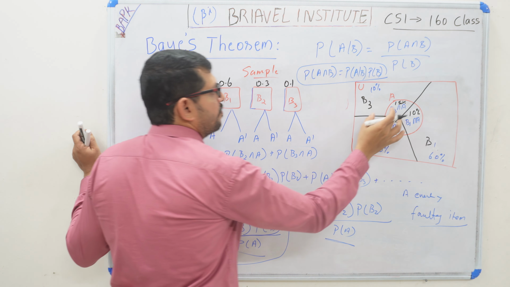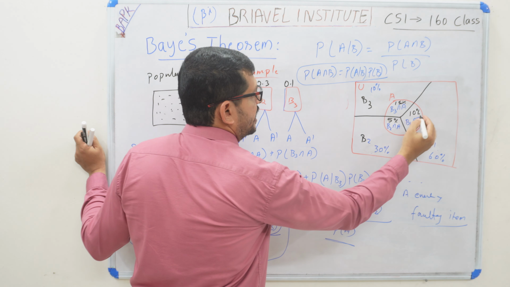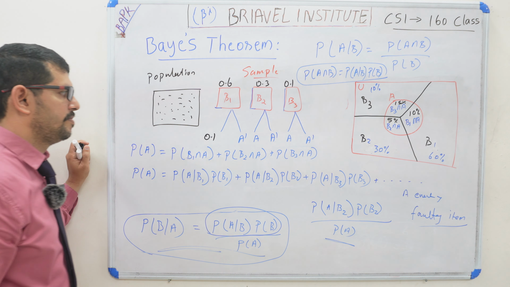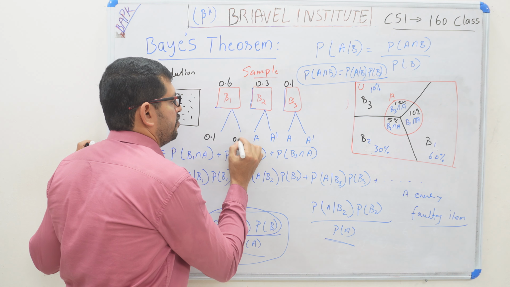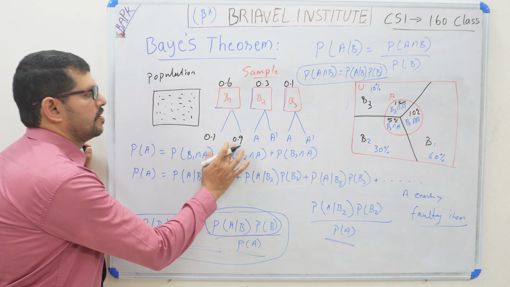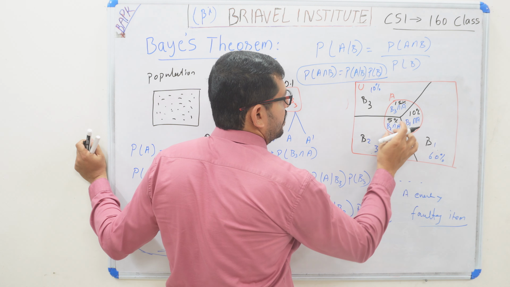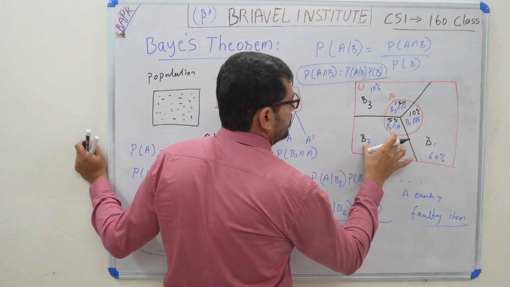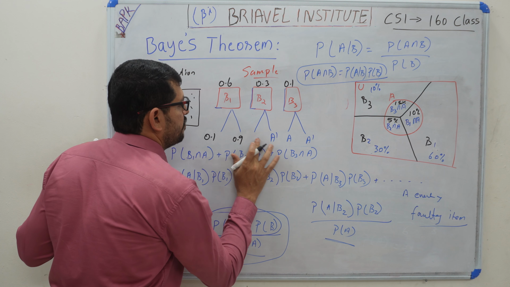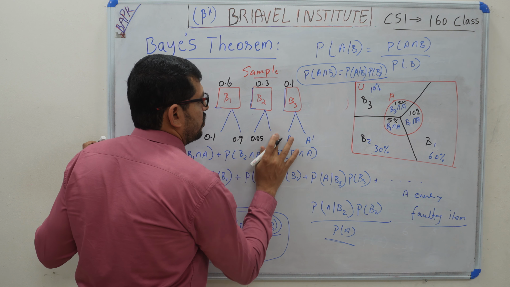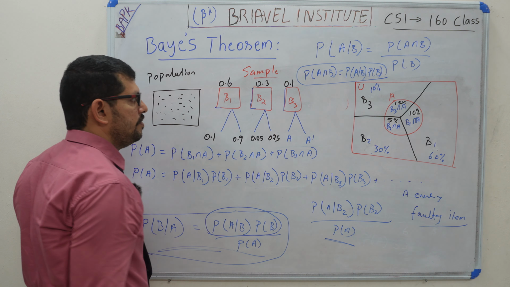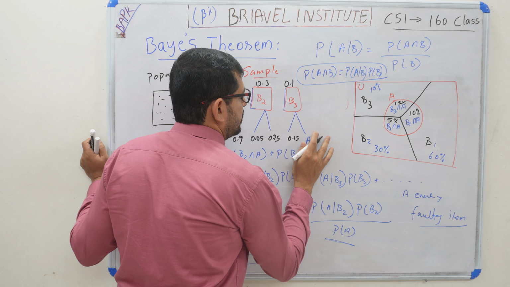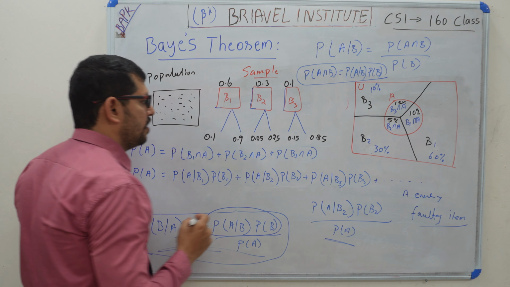A is the event of faulty items: 10% from B1, so 0.1, and not faulty is 0.9, a good item. B2 supplies 30% of the company's products, with a 5% chance of faulty, 0.05, so not faulty is 0.95. B3 supplies only 10%, with 0.15 faulty and 0.85 not faulty.